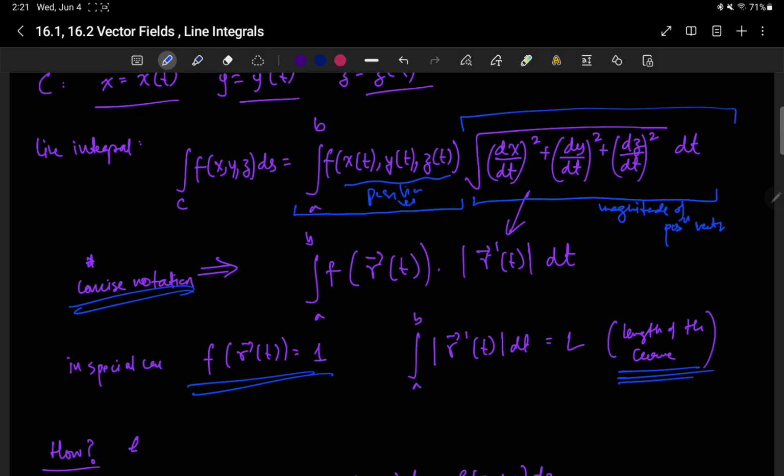The equivalent of this in the case of surface area is when you take the density distribution as 1, you get the area. And in triple integrals, if you take the density distribution as 1, you get the volume. So here, if f of the position vector is 1, then you just end up with the arc length.